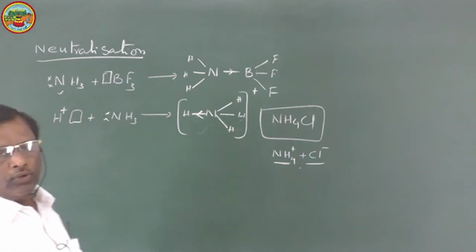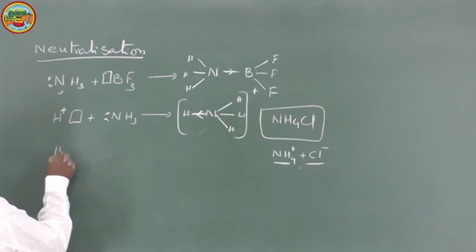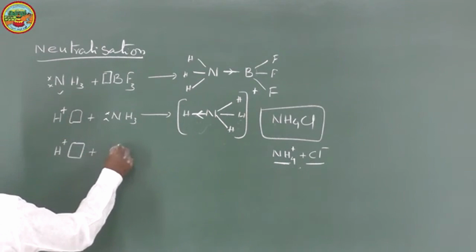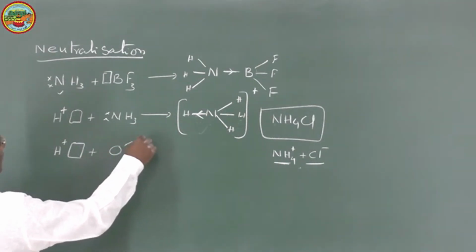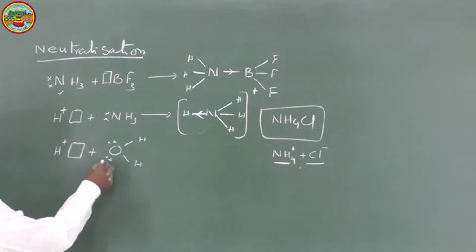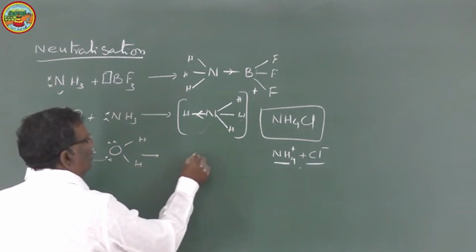This type of covalent coordinate bond can also be formed in the H3O plus ion. In the H plus ion, we have an empty orbital. In H2O, oxygen has two lone pairs of electrons. One pair can be donated to the H plus ion to form the H3O plus ion.